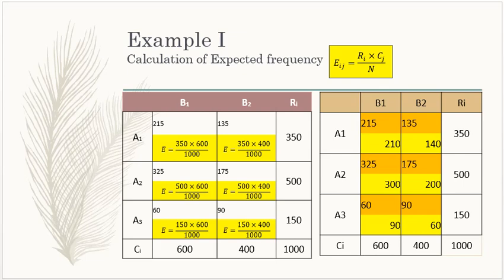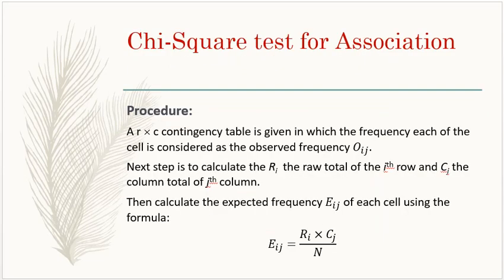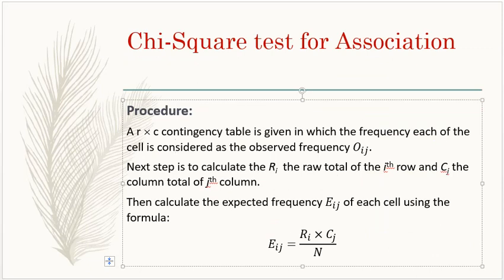So now we go back to the case. The theoretical frequency of any cell Eij is defined as Ri into Cj by n, where Ri is the row total of the ith row, Cj is the column total of the jth column, and n is the grand total.